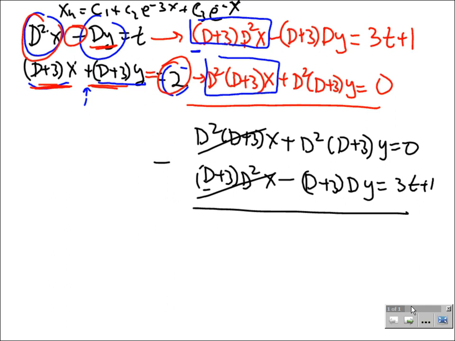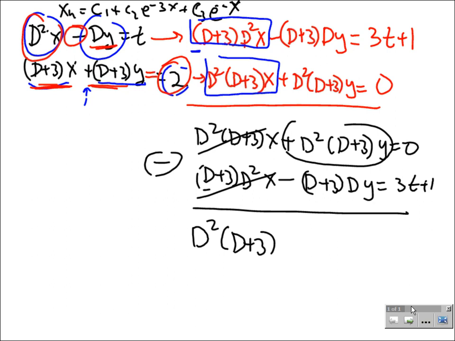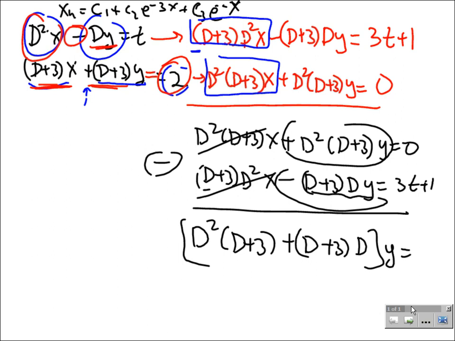But I hate negatives. I'm going to factor out that y. If you minus a negative, it's going to become plus d plus 3d. And this all operates on y. And I subtract the right hand side. Negative 3t minus 1.